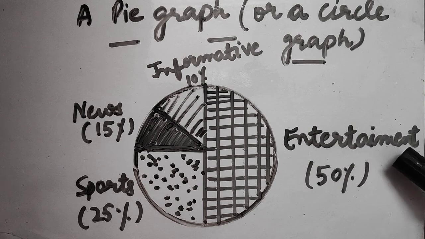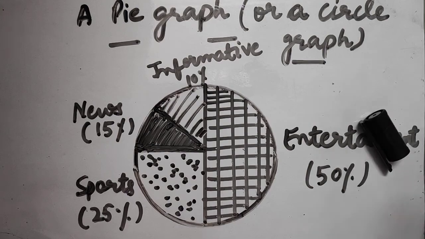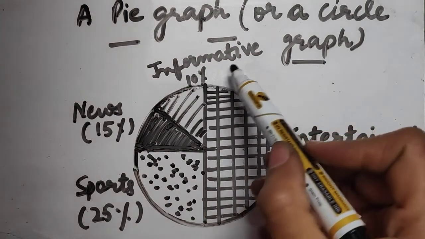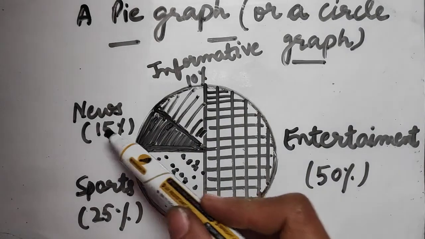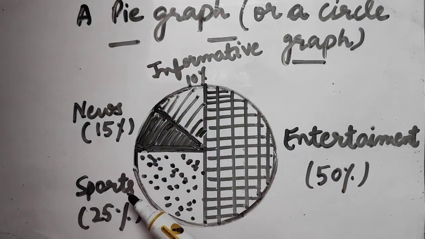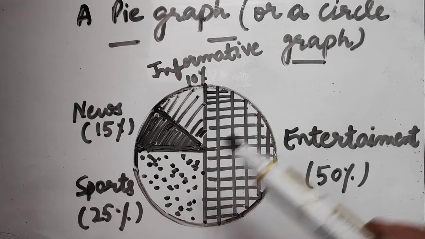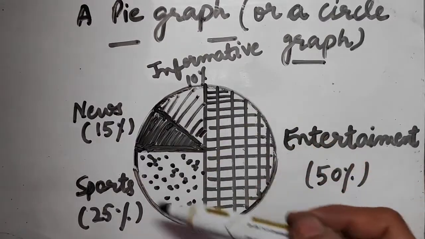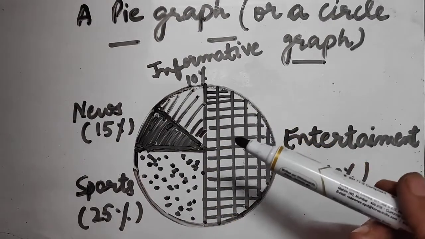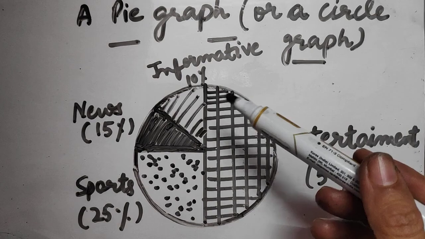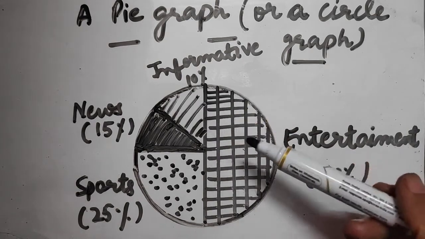Like for entertainment, the percentage of people watching the entertainment channel is 50%. Likewise, for informative, it is 10%. For news, it is 15%. And for sports, it is 25%. So this is an example of a circle or pie graph. Basically, it is used to compare parts of a whole.